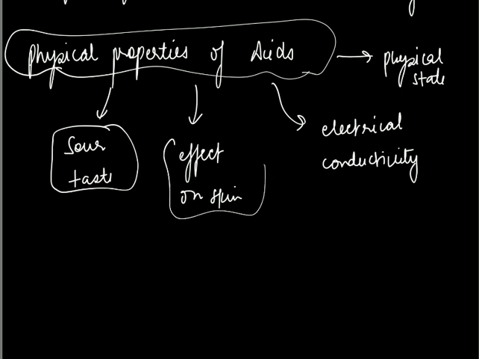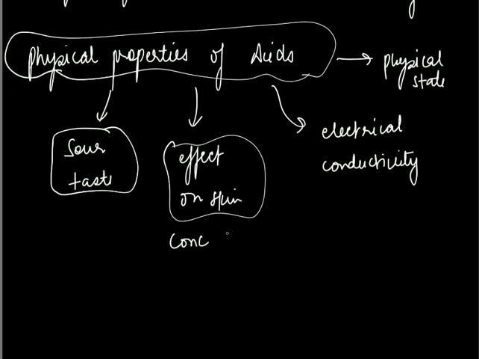Effect on skin. Now we are going to discuss this with respect to acids, majorly concentrated acids. If we have concentrated sulfuric acid, it has a lot of corrosive action on skin and painful burns can happen. Concentrated sulfuric acid stains the skin black.